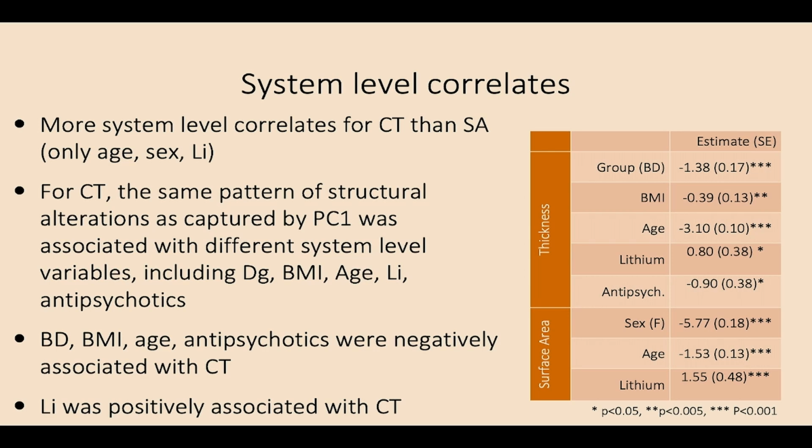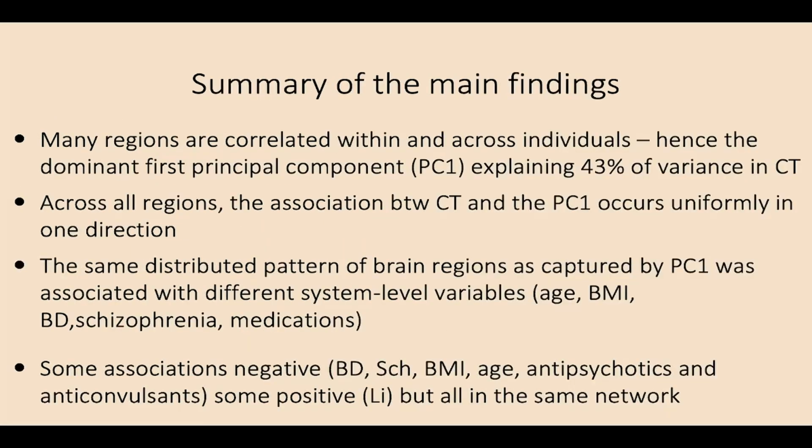Interestingly, for cortical thickness, the same pattern of structural alterations as captured by the PC1 was associated with very different system-level variables, including diagnosis, BMI, age, exposure to lithium, or antipsychotics. While the diagnosis of bipolar disorders, higher BMI, higher age, and antipsychotic exposure were negatively associated with cortical thickness, lithium was positively associated with it.